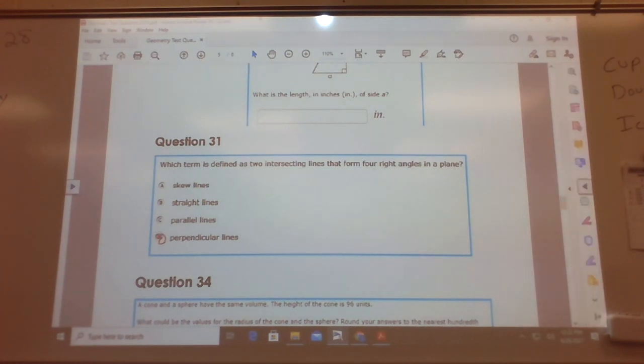Perpendicular. It's just straight vocab. Remember, skew lines go different directions and they're not touching. So they're kind of like parallels, but they're skew. A straight line is just a straight line. It's not even part of anything. And perpendicular, they touch at 90-degree angles.